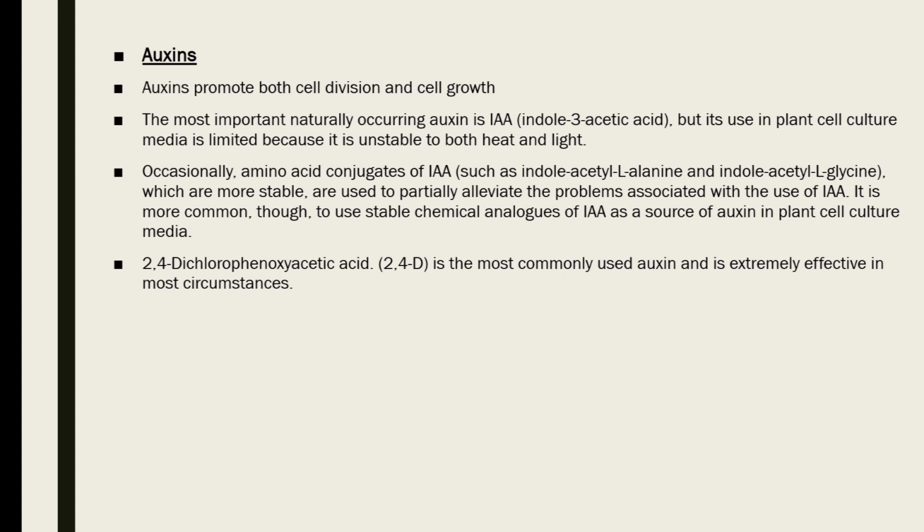It is more common, though, to use stable chemical analogues of IAA as a source of auxin in plant cell culture media. 2,4-dichlorophenoxyacetic acid, 2,4-D, is the most commonly used auxin and is extremely effective in most circumstances.